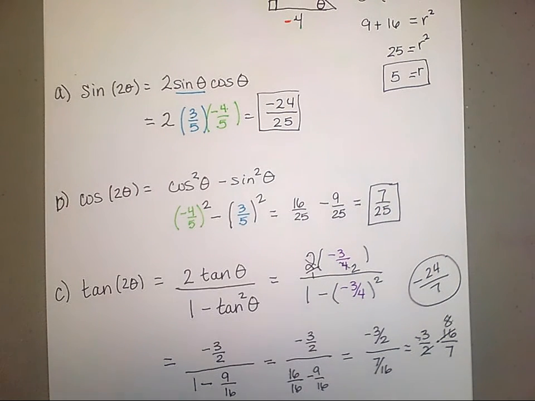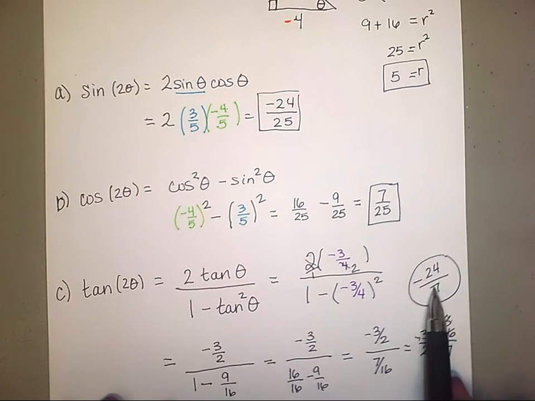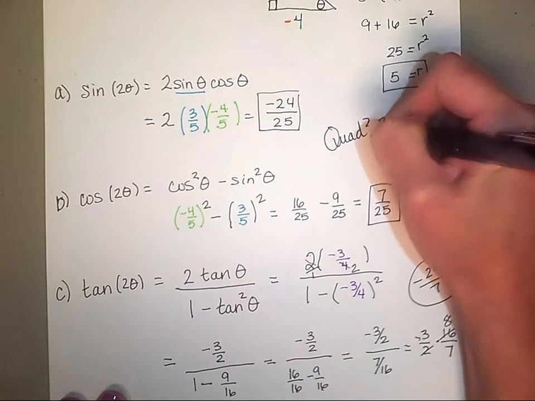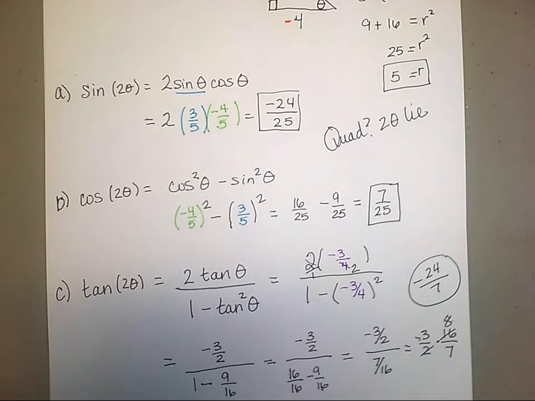So now we can ask ourselves, now that I know all about this double angle, its ratios, in which quadrant does 2 theta lie? I know the single angle, we were given, is in quadrant 2. One way we can always determine this is to look at the signs.